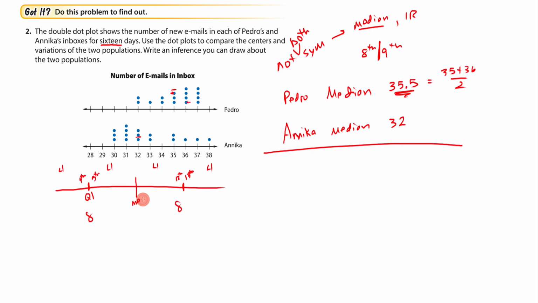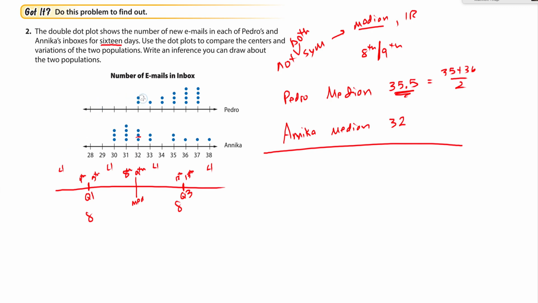This median was between the 8th and the 9th number. And so this Q3 will be between the 12th and the 13th. And that'll be true for both sets of data here. So let's mark it on here. Let's go to blue.